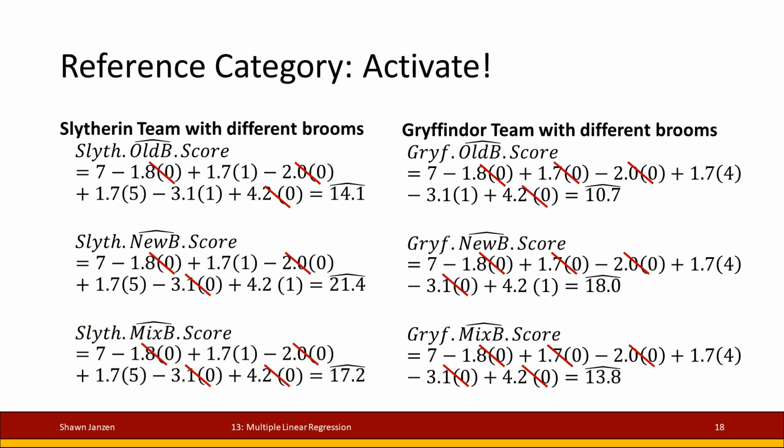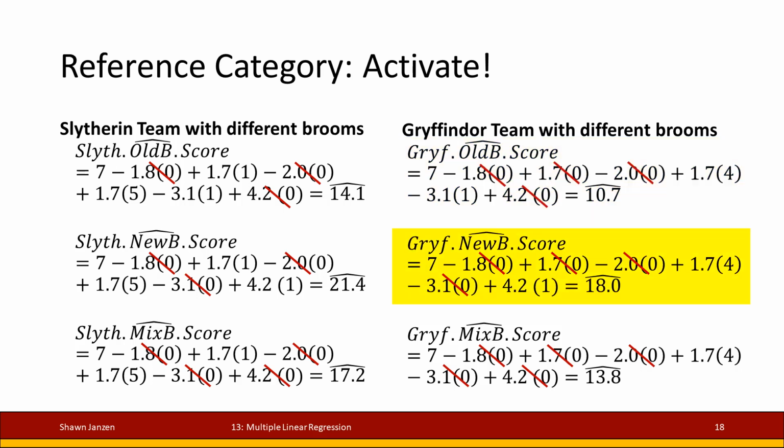So looking on the right, we have the Gryffindor teams, and we're going to repeat that process for old, new, and mixed brooms. Up at the top, we have the Gryffindors. The zeros are going to cancel out for all 3 houses because we're looking at the Gryffindors. Then we're going to have the new broom coefficient at 0, the old broom coefficient at 1. The new broom coefficient will cancel out.